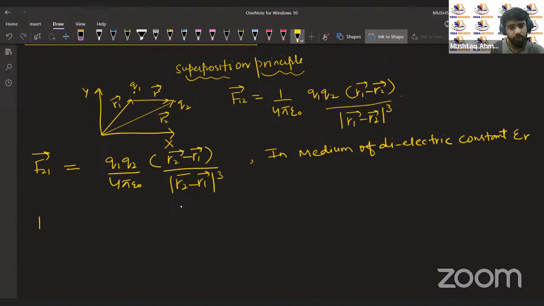The force will be modified, so the force F12 on charge 1 because of charge 2 will be q1 q2 upon 4 pi epsilon naught into epsilon r, and the rest of the things will be the same.